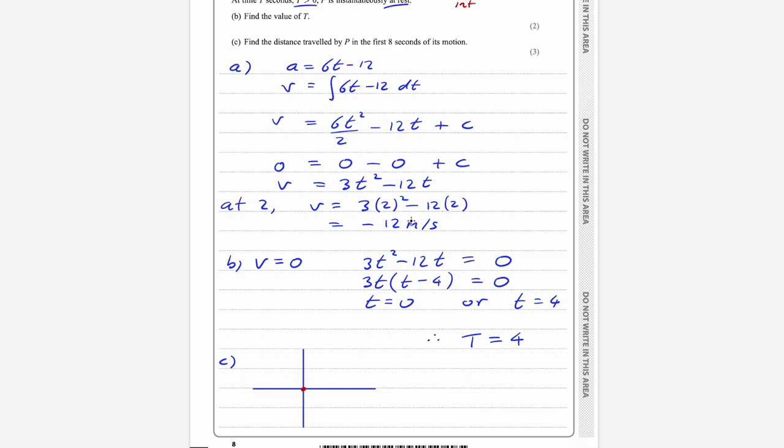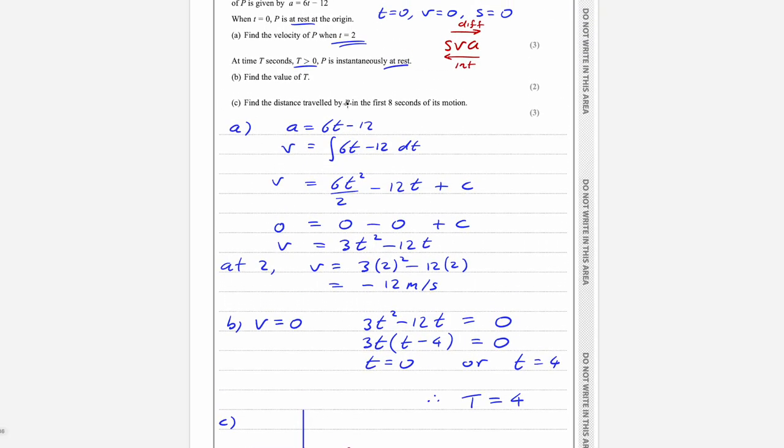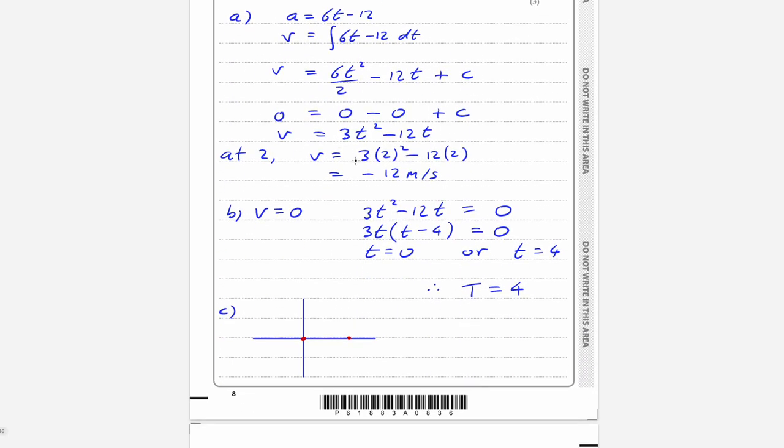And we know it's 0 again at 4. This is actually, everyone, a quadratic equation. So it is this that I'm drawing, this 3t squared minus 12t. It goes down, it goes up, and it does this up until whatever this 8. This is going to be when t is 8. So this is 4, this is 0, and this is 8.